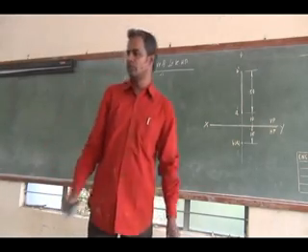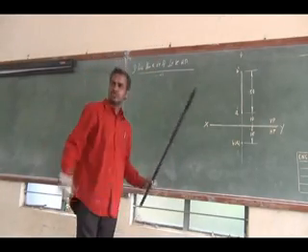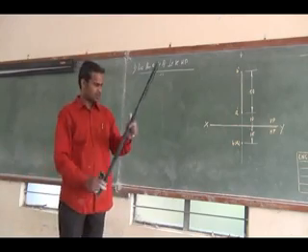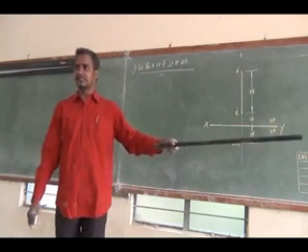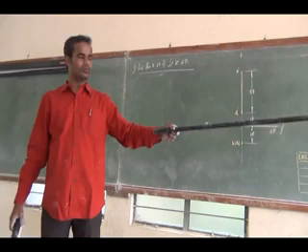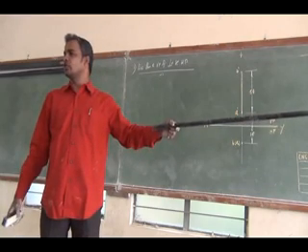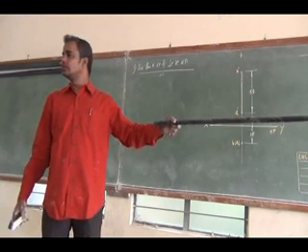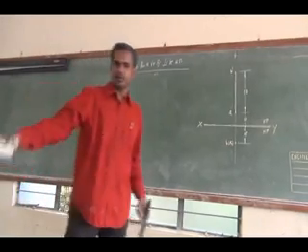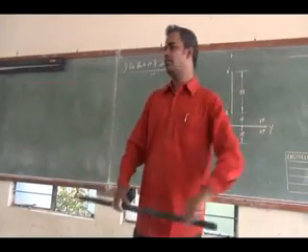The next problem, draw the projection for this. Okay, this is the case I am going to take. The line is parallel to both HP and VP.